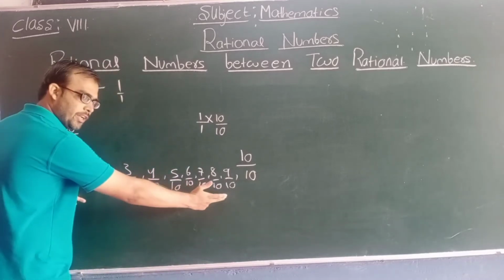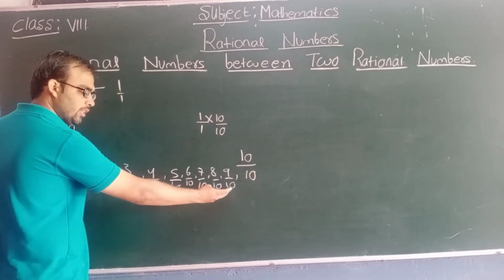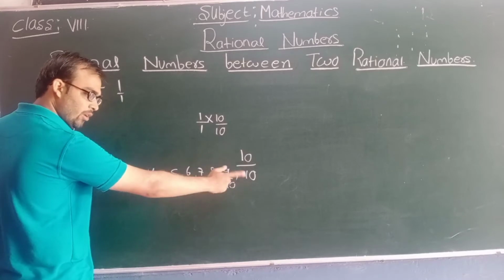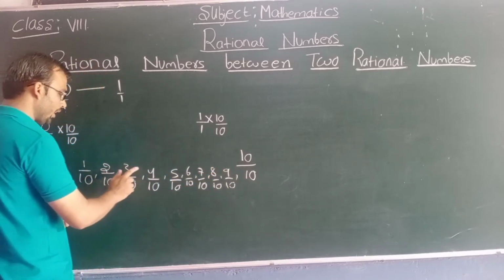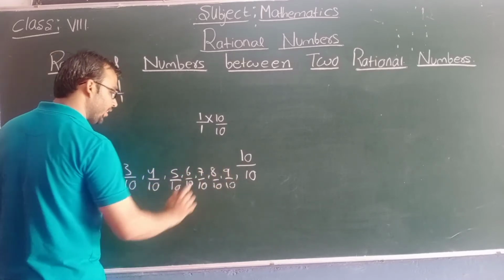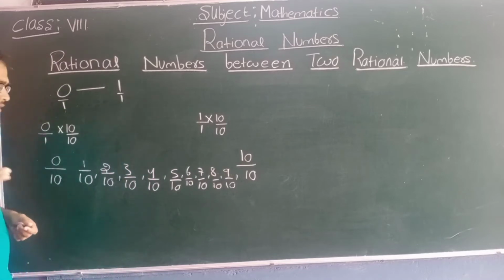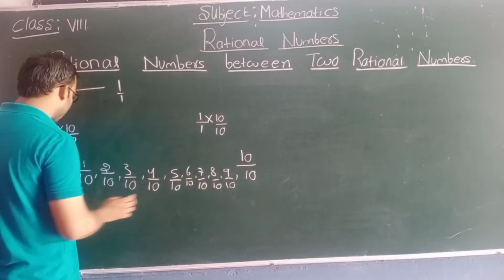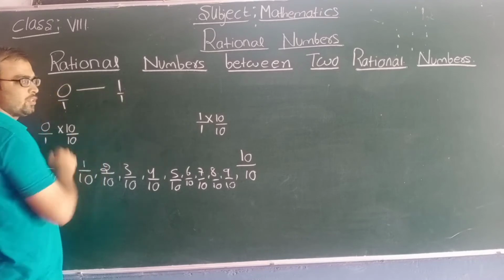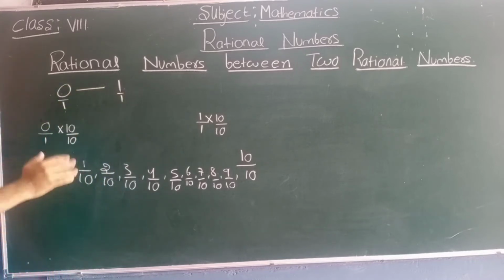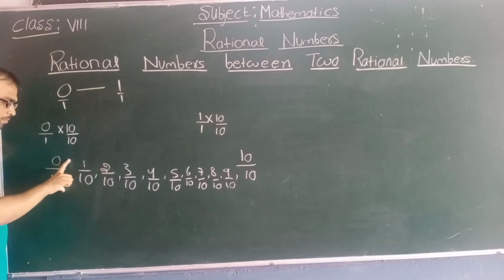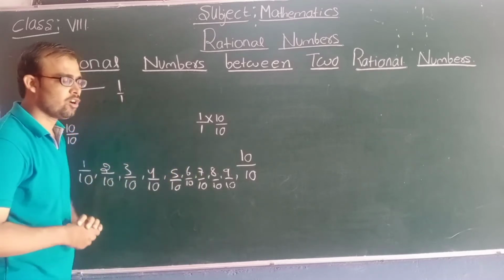Do you think that only 9 numbers are between 0 and 1, that is 1, 2, 3, 4, 5, 6, 7, 8, 9? No, there are many numbers. I'll tell you later. First, these are the rational numbers between 0 and 1.